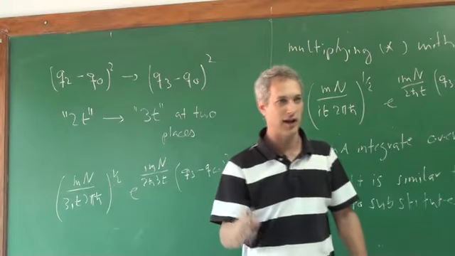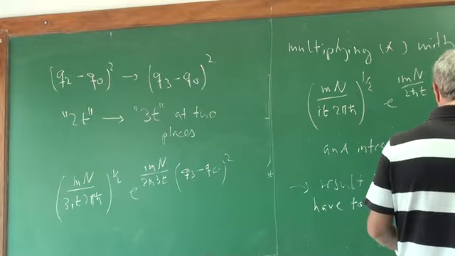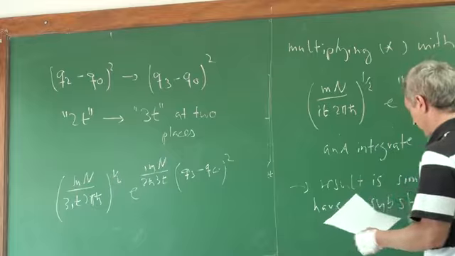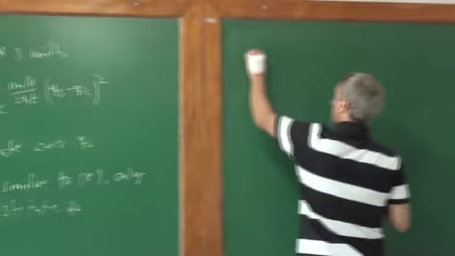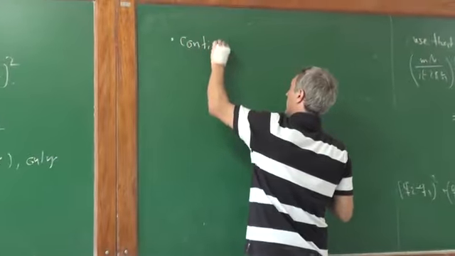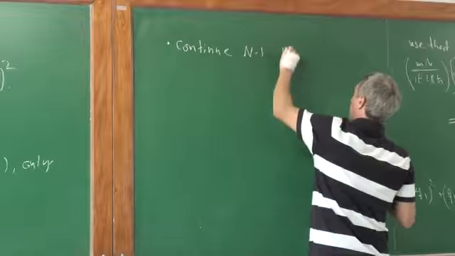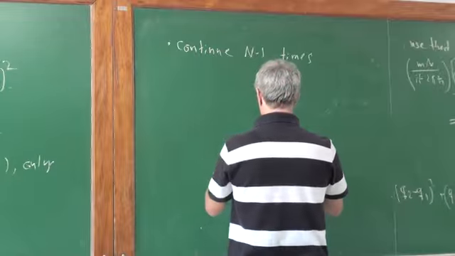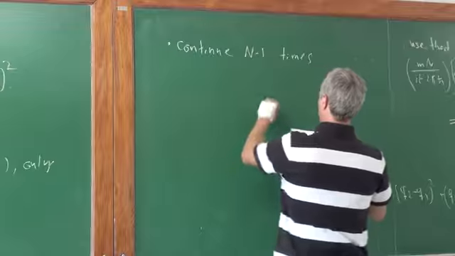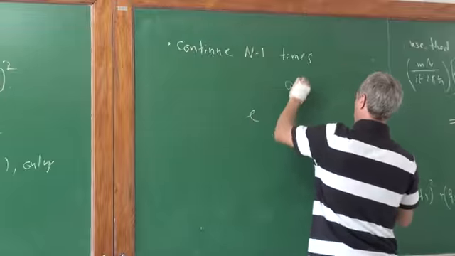Okay, so if you do this iteratively now n minus 1 times, then if you see now how it works, like how the factors combine, you can imagine that doing this n minus 1 times, well, first of all, you arrive at an expression that will depend on Q naught or Q0 minus Qn squared, which is Q final minus Q initial squared. So you have e to the minus Q0 squared.